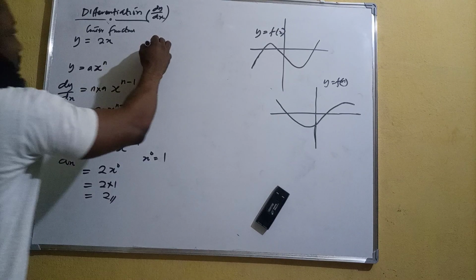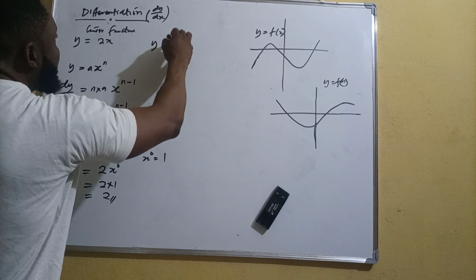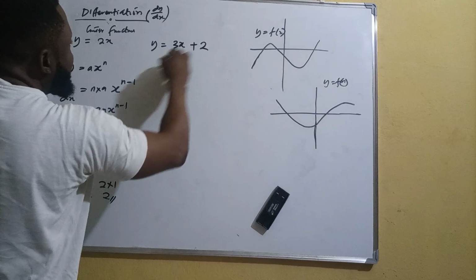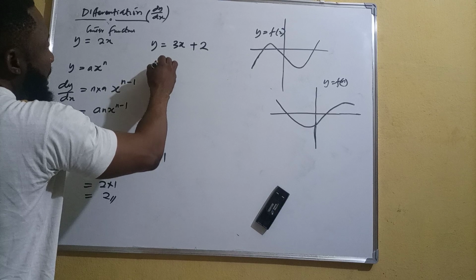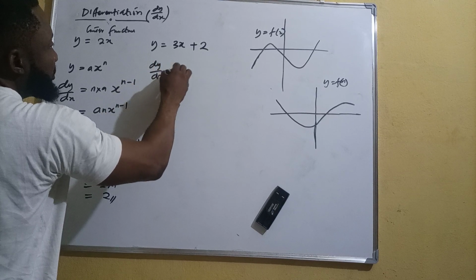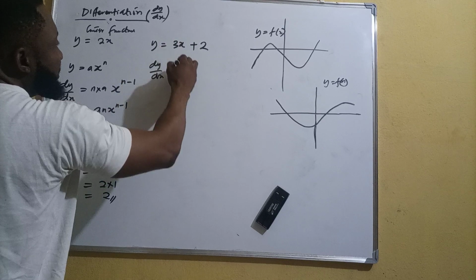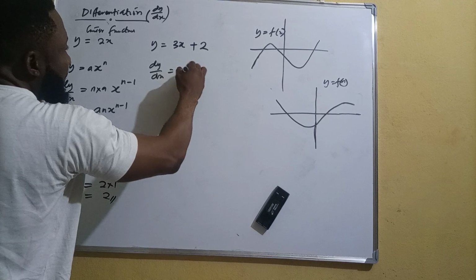Let me take another example. Let's take y equal to 3x plus 2. We are differentiating this to get dy/dx. 1 times 3 will give us 3, and if we subtract 1 from the power, it's going to give us x raised to power 0.